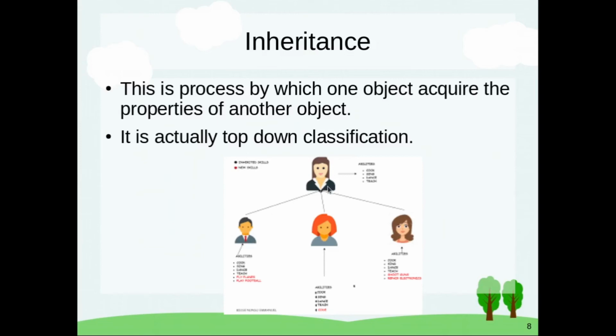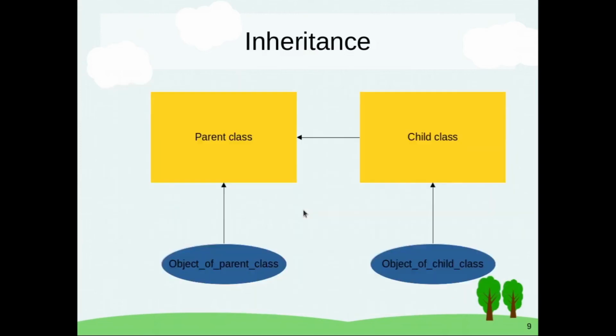Okay, from its mother. Now if we talk about inheritance specifically in Java, we have a parent class and we have a child class. We derive this child class from this parent class. The parent class has its own object, and this is the object of the child class.